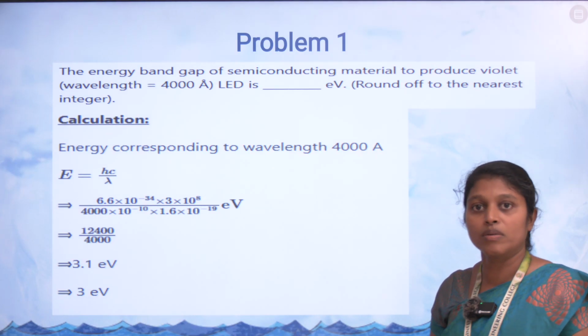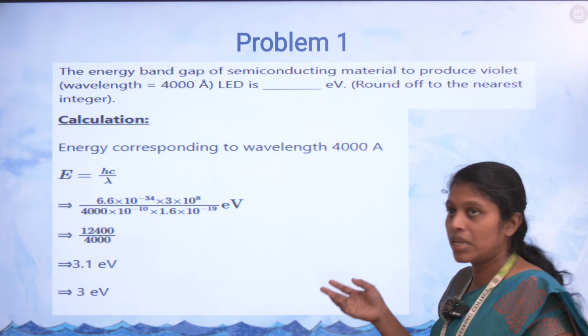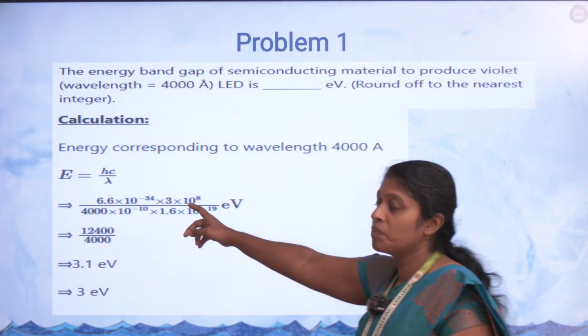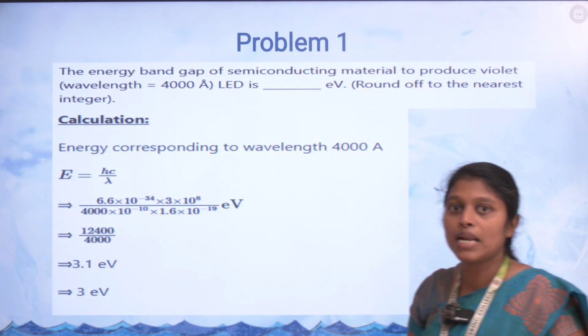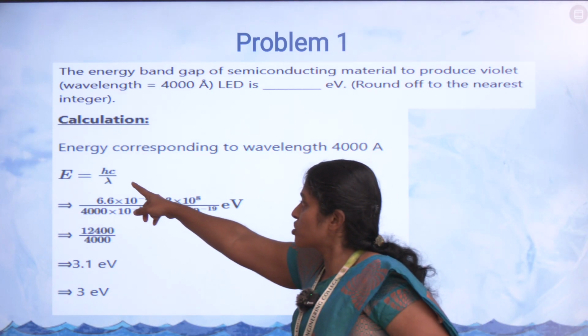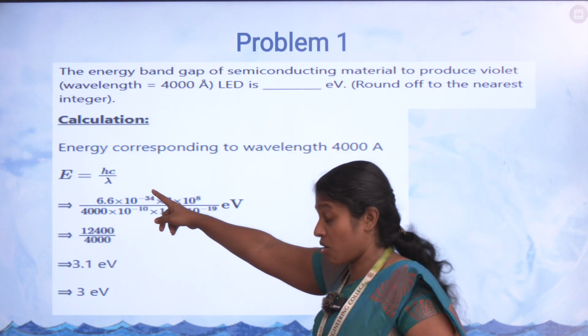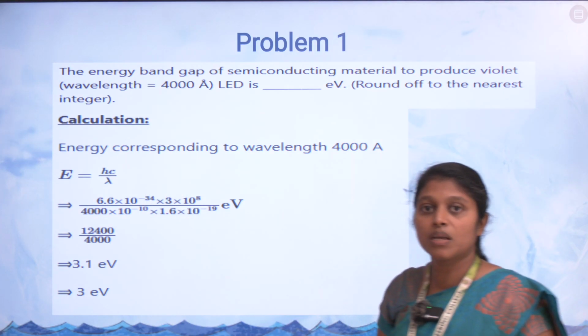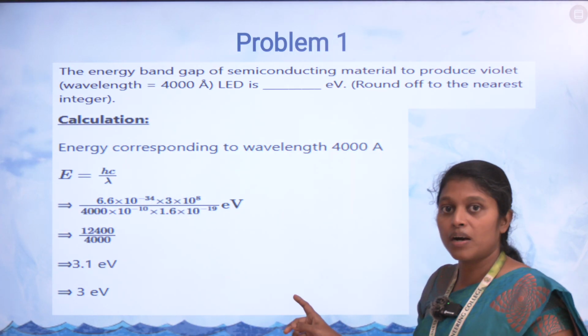We know the formula to calculate the energy is E equals hc divided by lambda. Here h represents Planck's constant, whereas c represents the velocity of light.